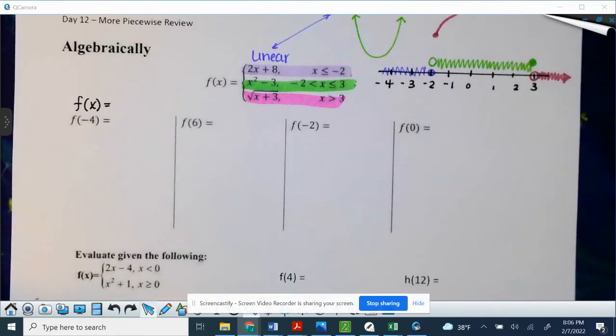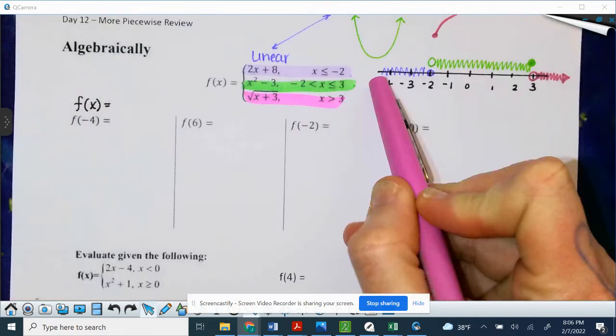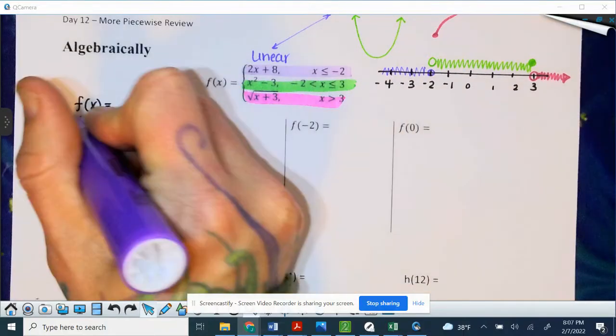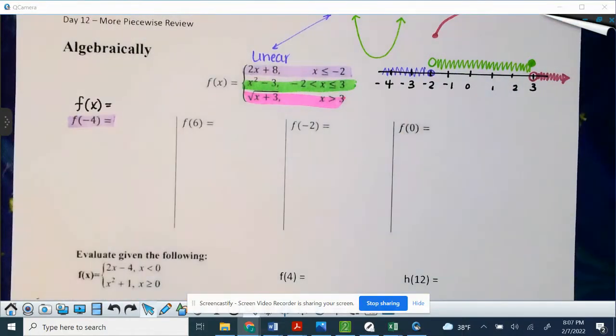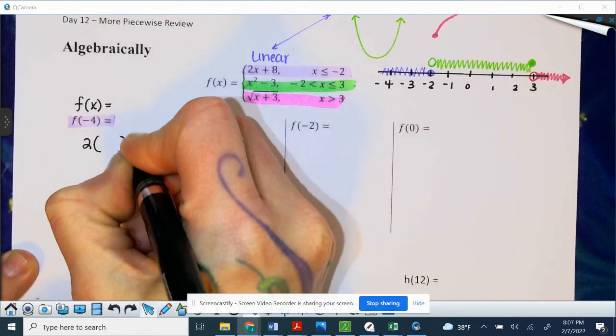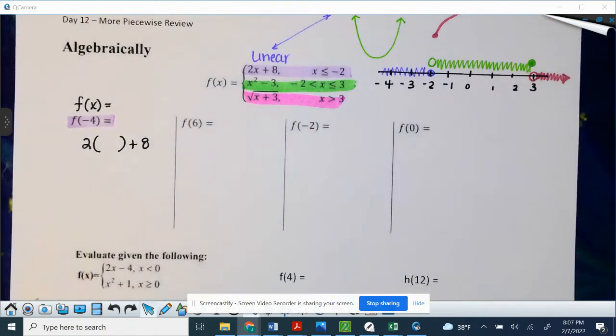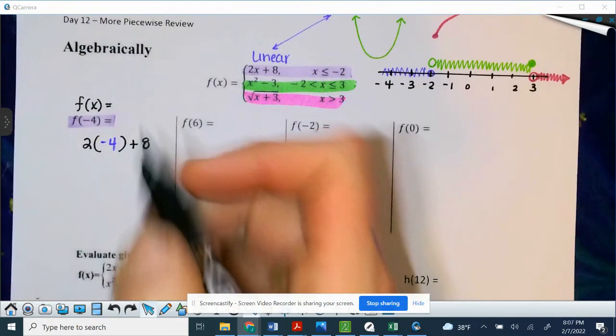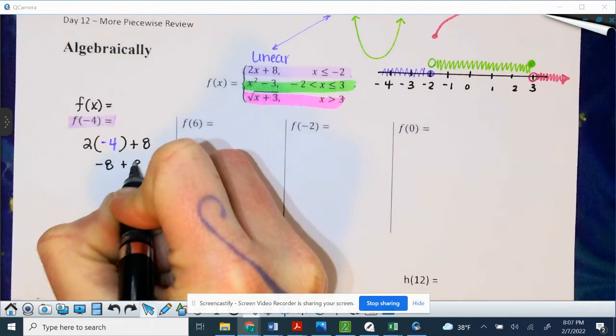I'm sorry, back to the f of -4. Deciding, -4 is going to be part of our purple, so we're going to use our purple function for this one, that linear 2x plus 8. So it's going to be 2 times, plus 8, and we're plugging in that -4. So 2 times -4 is -8, plus 8, which is going to be 0.